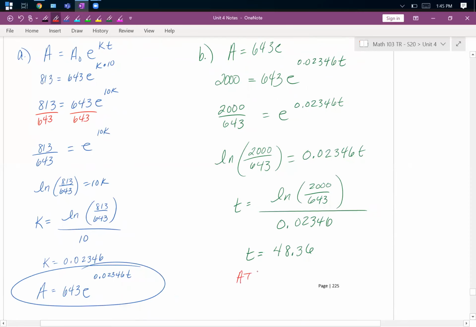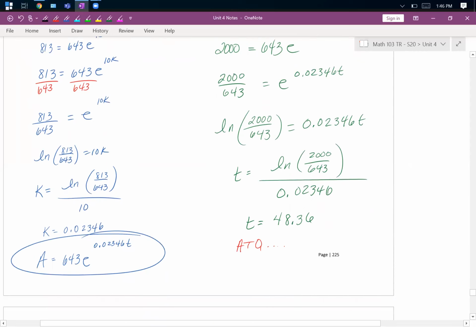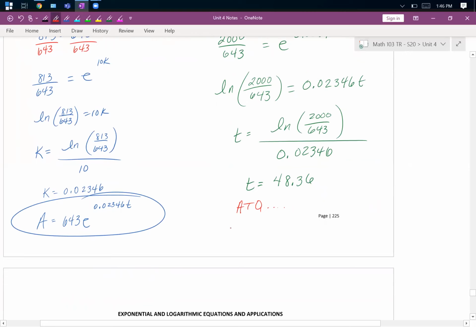But we want to actually answer the question. The question says, by which year will the population reach this? Well, I got T equal to 48.36. What did T represent? Years. What kind of years? The ones where it snows a lot? I don't know.